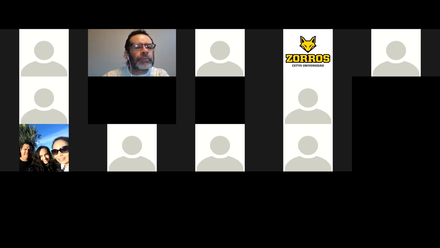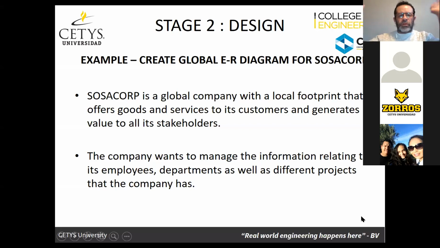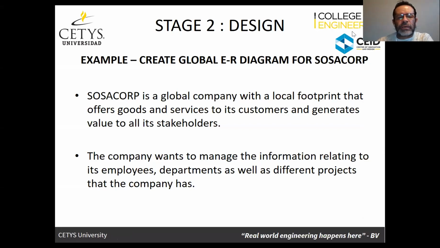Here we go. Remember that we were talking about Sosa Corp. Okay. There we go. Remember that we were talking about Sosa Corp, which is this global company that has a local footprint, offers goods and services, and we want to manage information relating to our employees, departments, and different projects.